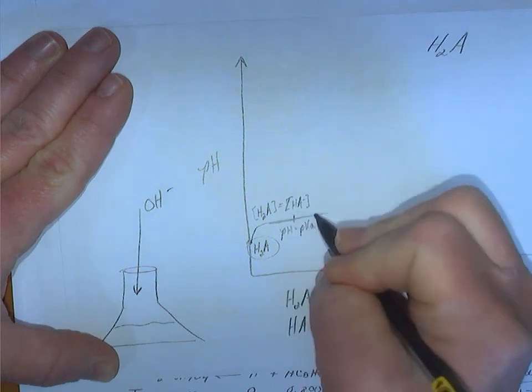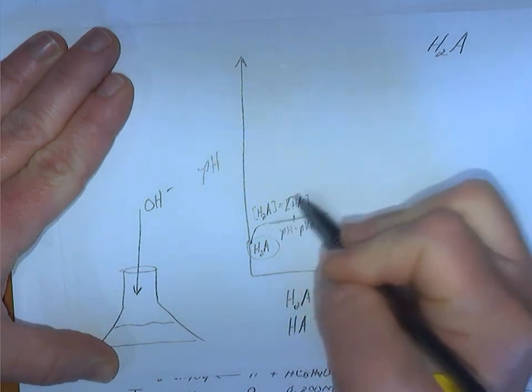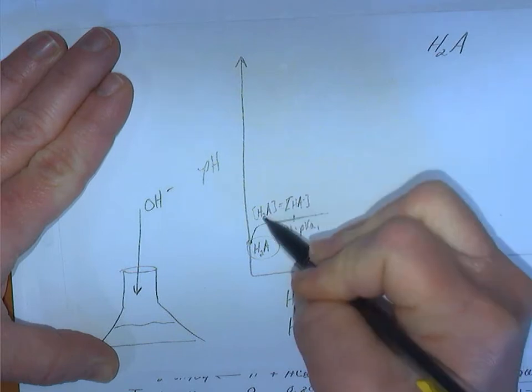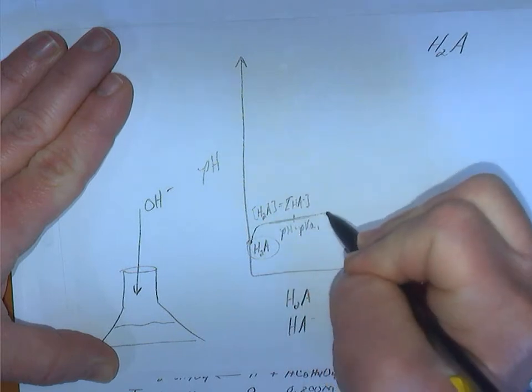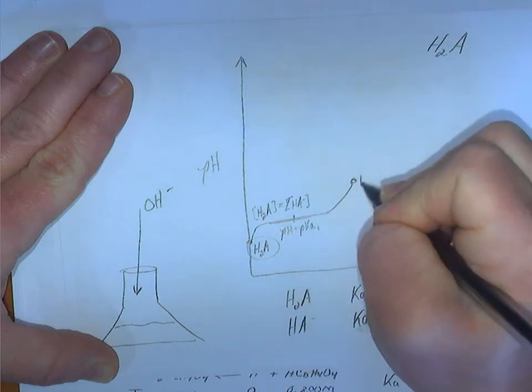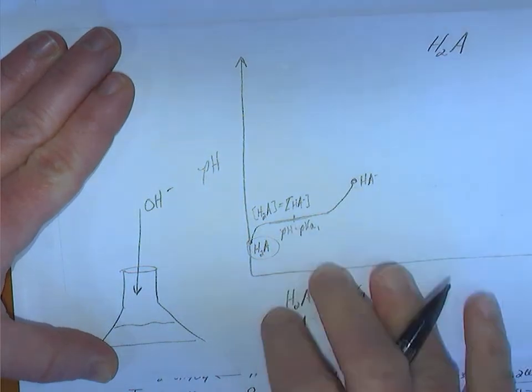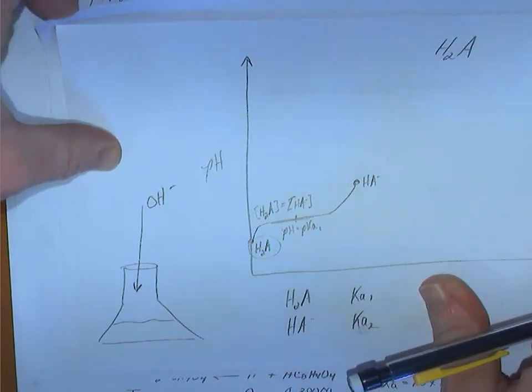But then as we continue past halfway to the equivalence point, we'll get more and more of this conjugate base, but still this acid, and then eventually we'll reach the equivalence point where we just have this HA-. So let's just talk through how we would problem solve up until that point.